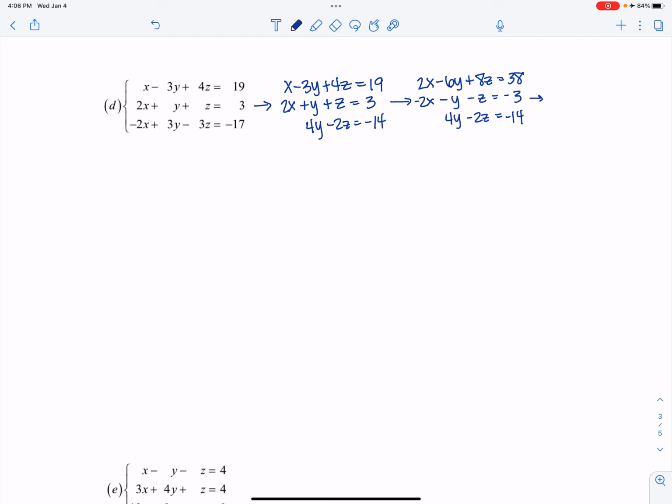And then I'm going to add the first row to the second row, so that way it eliminates. So the first row stays 2x minus 6y plus 8z equals 38.